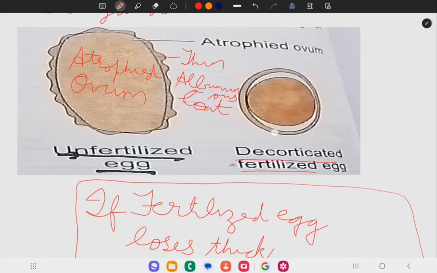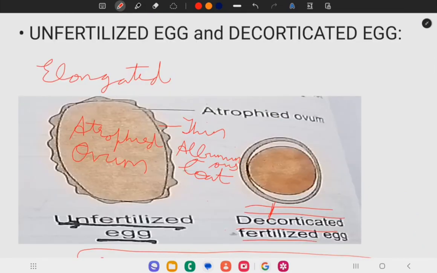Decorticated fertilized egg has lost the thick mammillated albuminous coat. This is an image of decorticated fertilized egg. We are done with morphology.